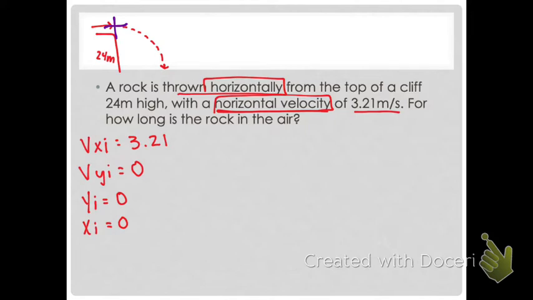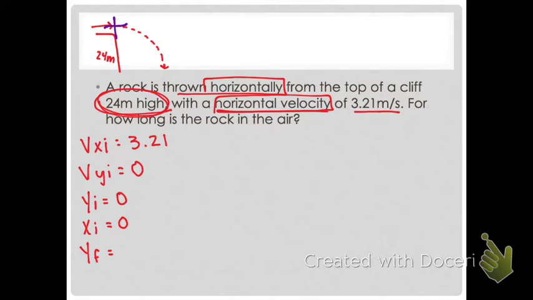Okay? We've got one other piece of information from the problem that we still need to assign a variable to. What does that 24 tell us? Final displacement, good, but does it tell me vertical displacement or horizontal displacement? Vertical. So that means Yf, is it going to be positive 24 or negative 24?